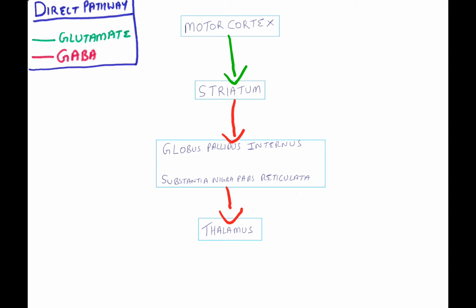When striatum inhibits globus pallidus internus and substantia nigra pars reticulata, the thalamus gets disinhibited. So we are disinhibiting the thalamus. So when the thalamus gets disinhibited, it stimulates motor cortex to perform voluntary motor functions. Hence, this is the direct pathway of basal ganglia.